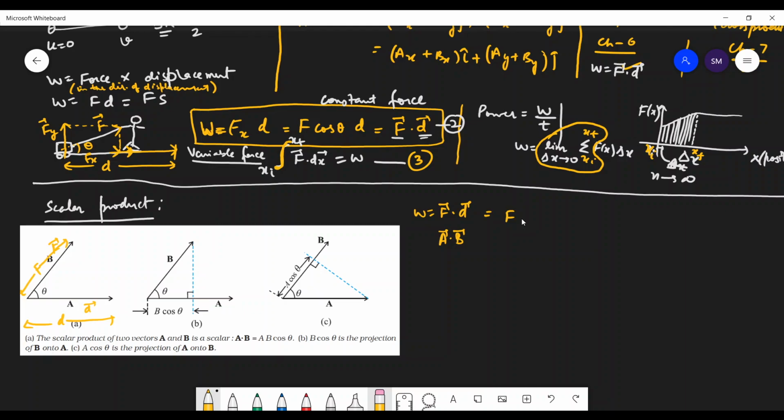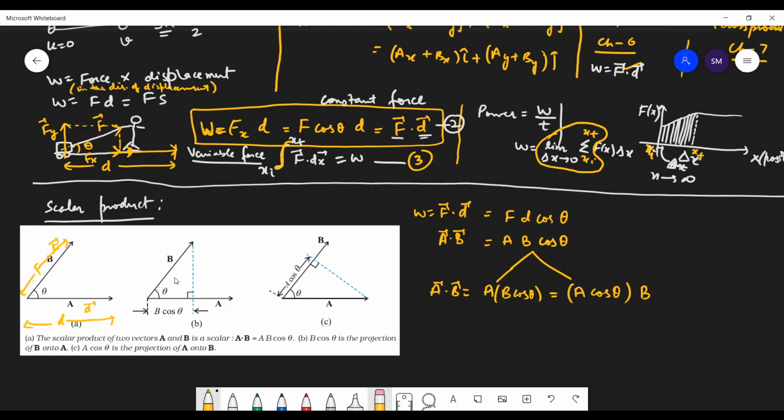Now you can write this AB cos theta in two ways. One is A dot B equals A into B cos theta. Another way is A cos theta into B. Let us find out what this B cos theta is.